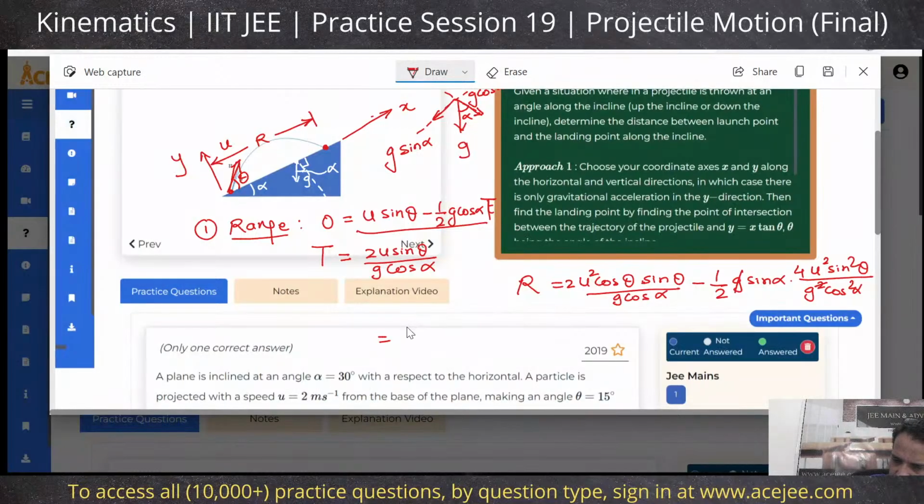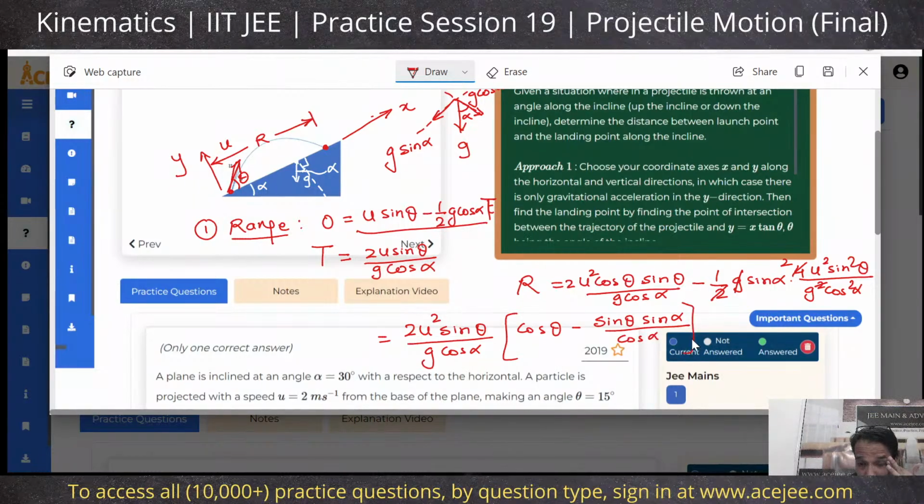Let's simplify it a little bit. I'm going to take 2u square sine theta divided by g cos alpha out. What we get is cos theta minus sine theta sine alpha divided by cos alpha. Clear? Yes, sir.